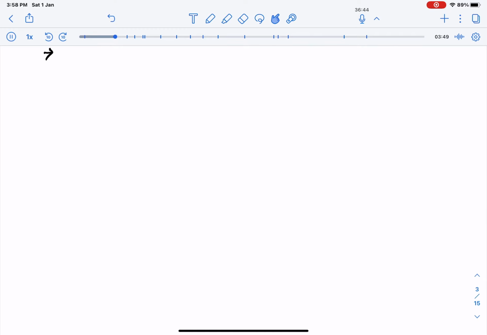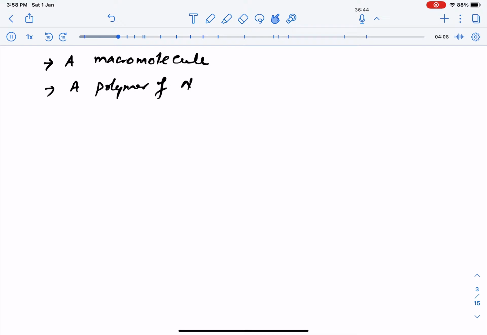DNA is a macromolecule. It has a larger molecular mass, so that is why it is a macromolecule, and is a polymer of nucleotides.